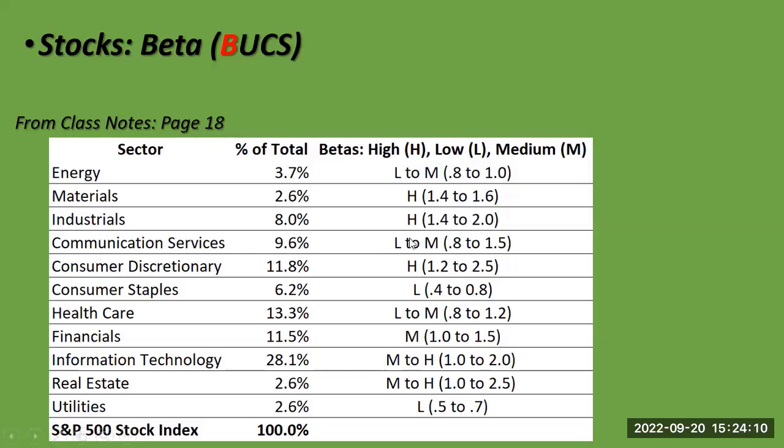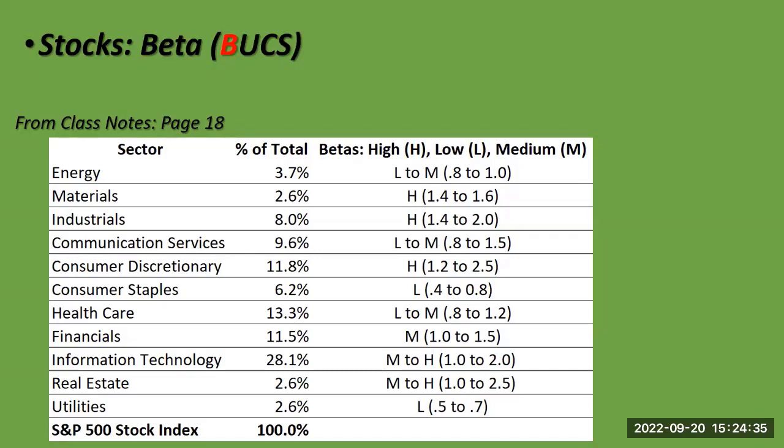Now, communication services includes AT&T and those firms, but also the Googles and the Facebooks, those firms that are mainly advertising. Advertising has historically been high beta. When we go into recession, firms cut back on their advertising. The thought process was that they'd cut back on TV or newspaper advertising, but not on Facebook and Google.